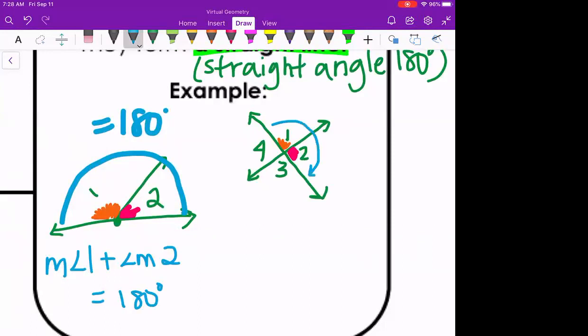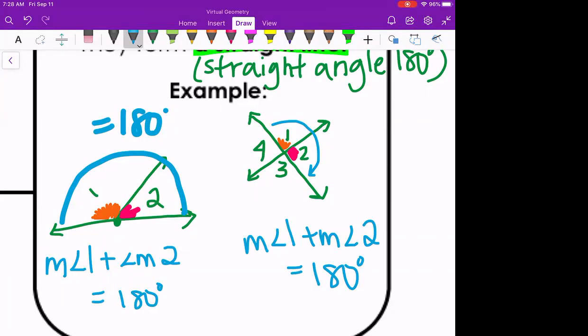This set of angle 1 and angle 2 also make 180. And again, just remember, anytime two lines intersect like that and make that X figure, you'll always have more than one set of linear pairs here. Like I said, angles 1 and 2 make one, 2 and 3 make one, 3 and 4 make one, and 4 and 1 make one.